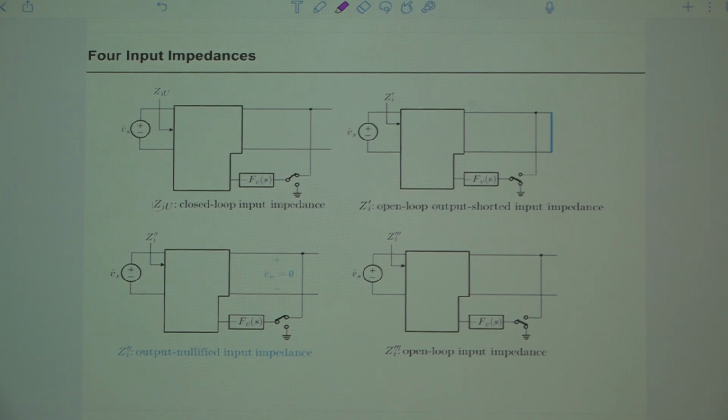So there are 2 closed loop input impedances, and this is the open loop, and this is also open loop, GI prime and GI triple prime. So this is the dangerous one. Okay. All right.